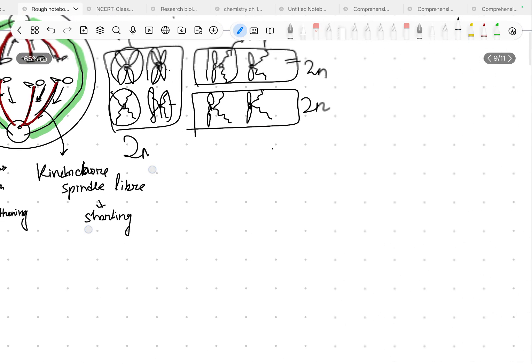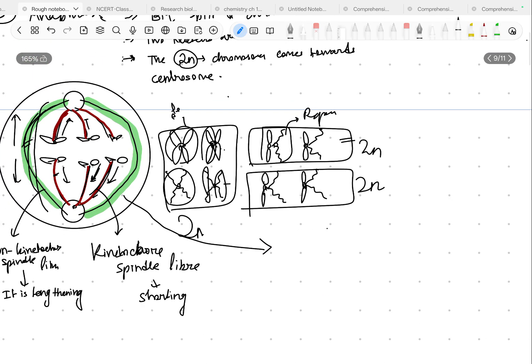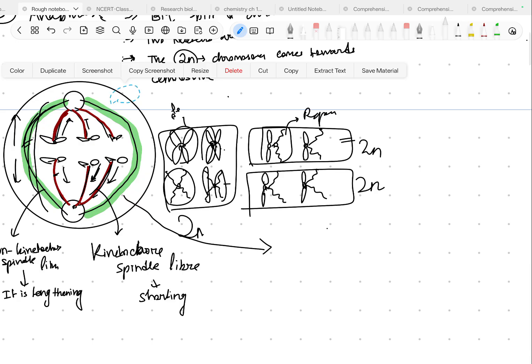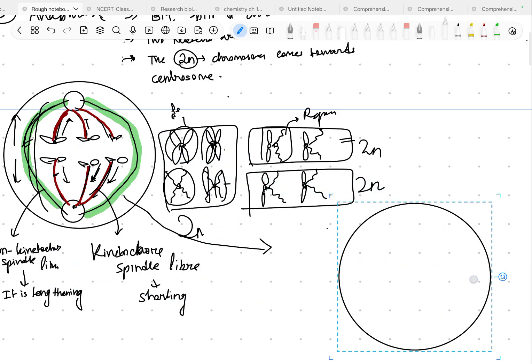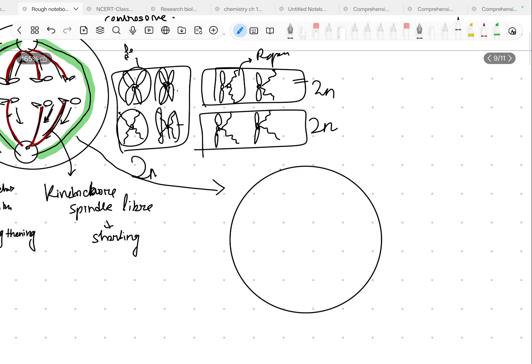Okay, I am making another duplicate, just like this. This will become something like this, and it is pulled out.